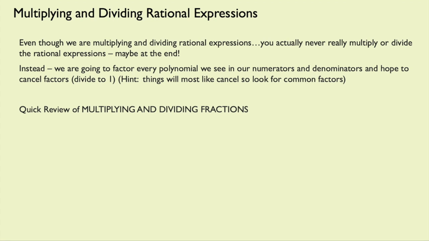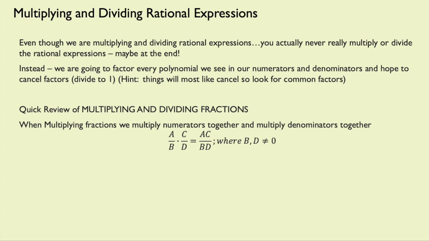But a quick review of multiplying and dividing fractions. When multiplying fractions, we multiply numerators together and multiply denominators together. So a over b times c over d is equal to ac over bd. And in this case, B and D cannot equal 0.